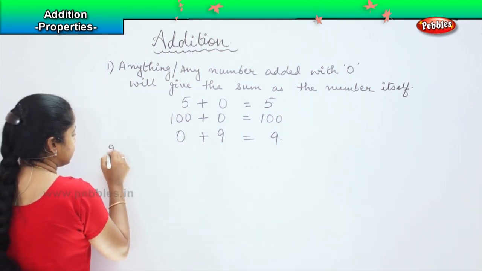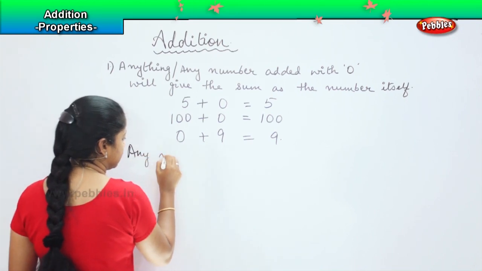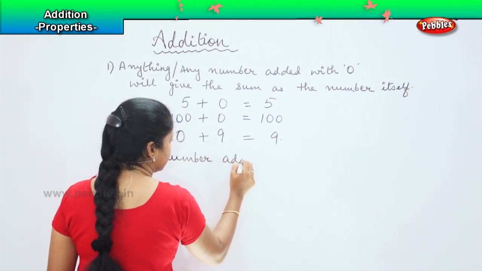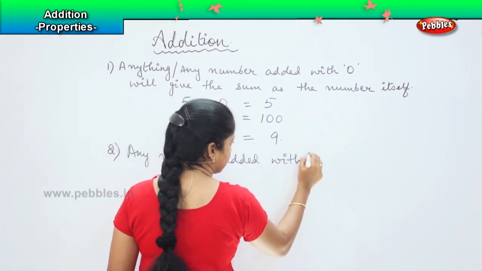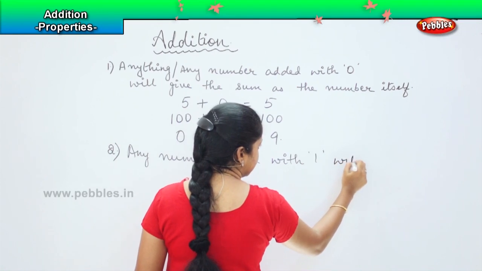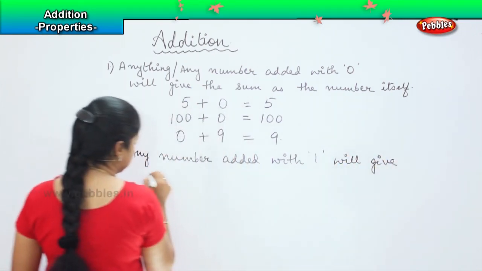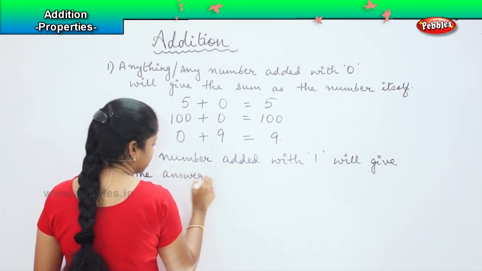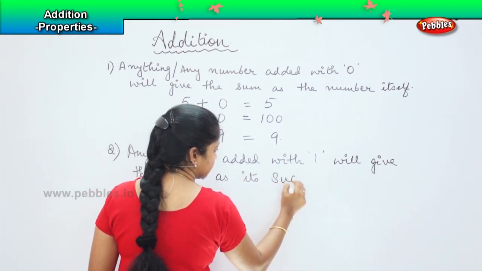The next property says any number added with 1 will give the answer as its successor.